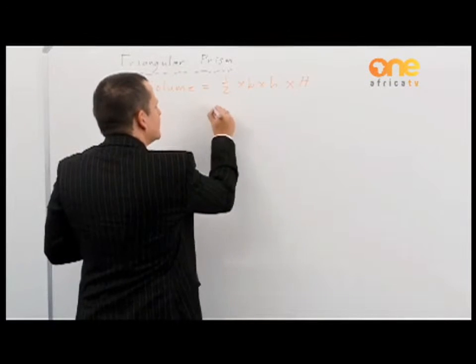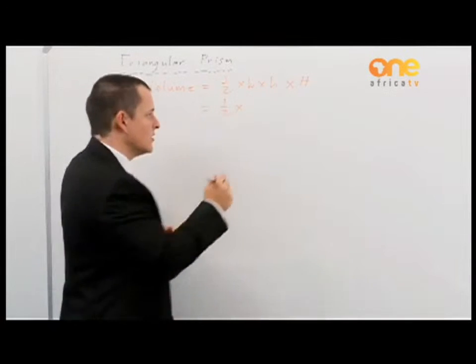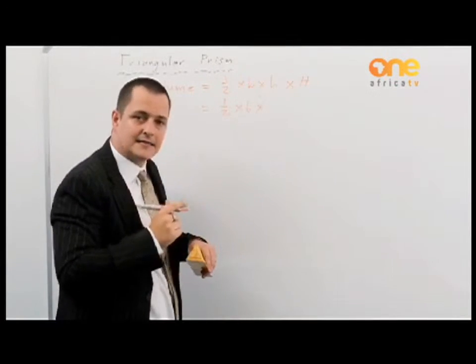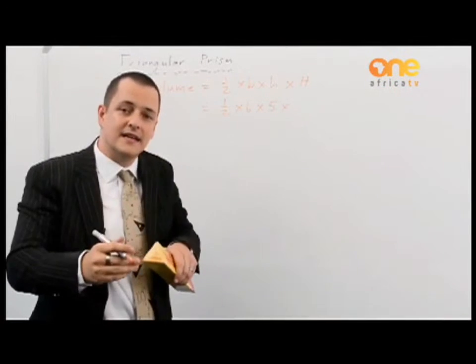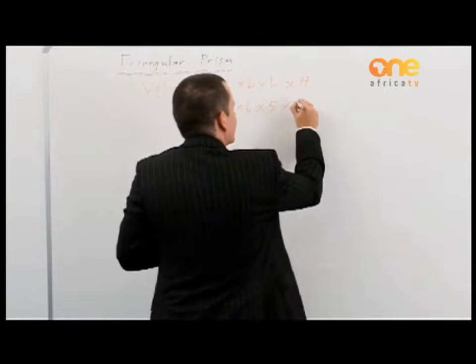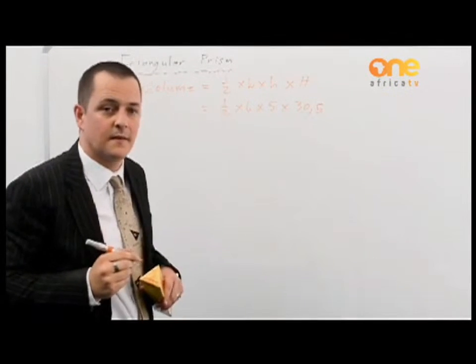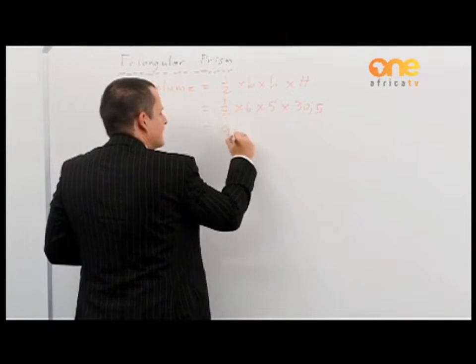So let's sub that into my formula. It is a half times my base, which was 6 centimeters, the perpendicular height, 5 centimeters, and the depth, which was 30.5 centimeters.